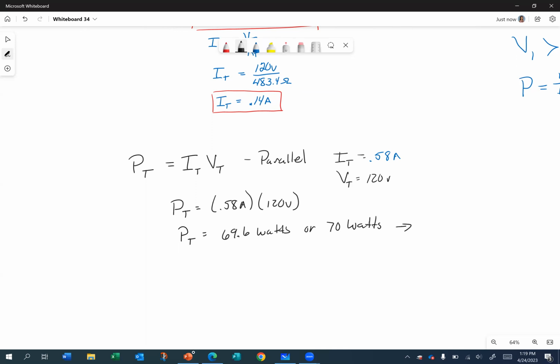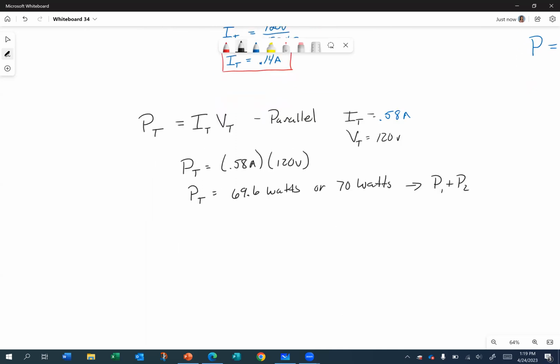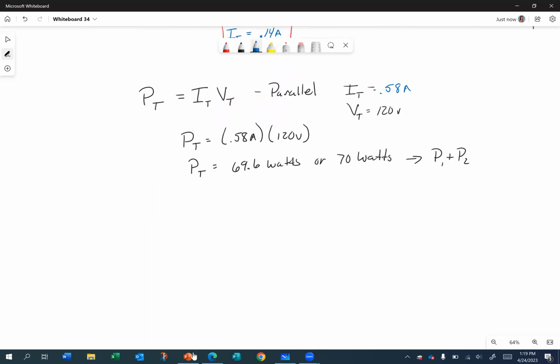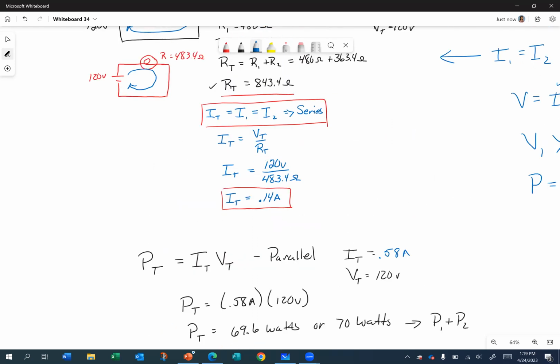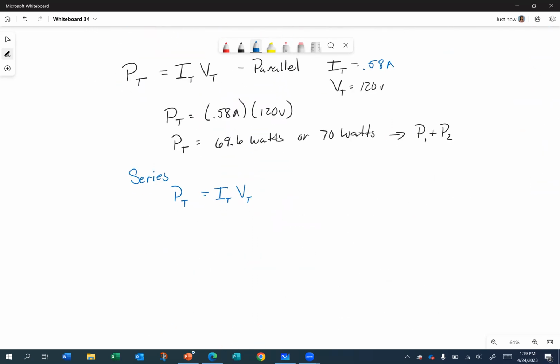Notice that P total also equals P1 plus P2. So in parallel, if you know the power of each branch, you can just add those. In series, though, if we take a look at series, power total equals I total times V total. So in the series, we found that total current to be 0.14 amps.